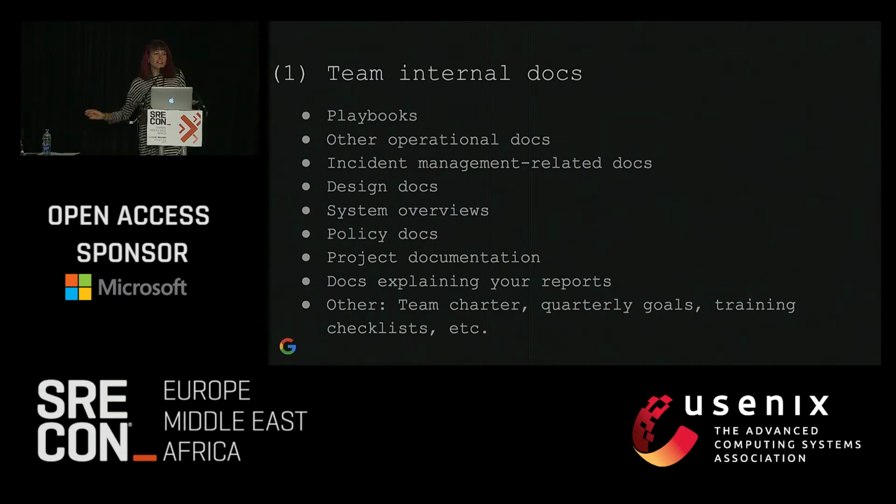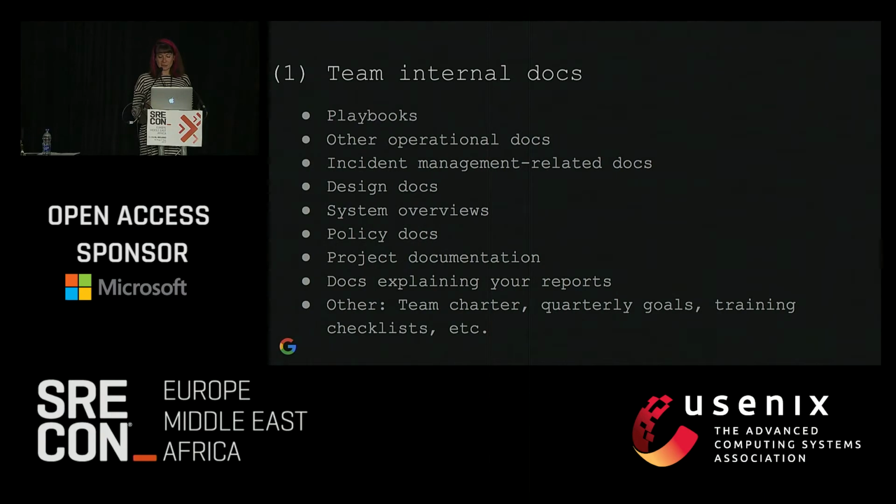Okay, so our first bucket of docs is team internal docs. So keeping your service up and running is pretty much impossible without basic documentation to shore up your team's knowledge. Types of docs in this bucket include playbooks, other operational documentation, incident management related docs.